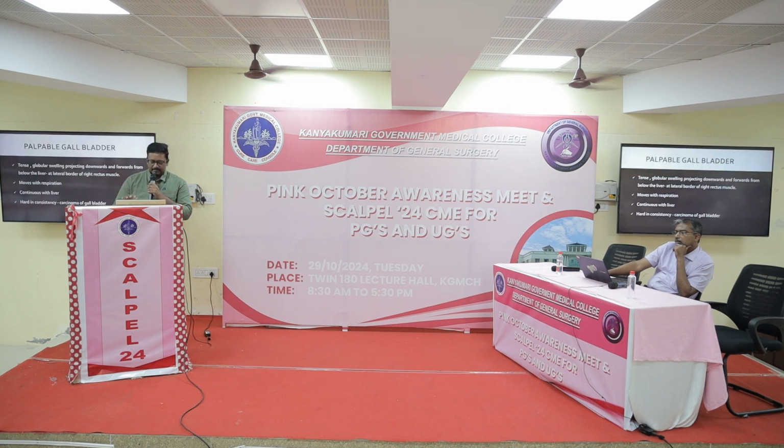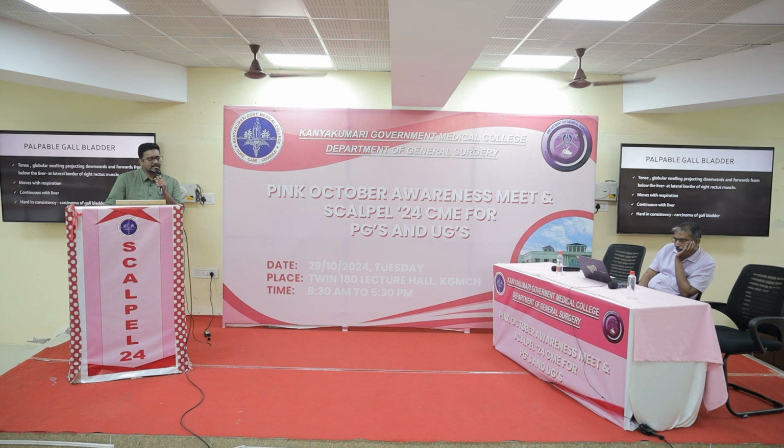And palpable gallbladder. If you palpate a gallbladder, what will be the typical description? How will you typically describe a palpable gallbladder? It will be a tense globular swelling projecting downwards and forwards from below the liver at the lateral border of the right rectus muscle.